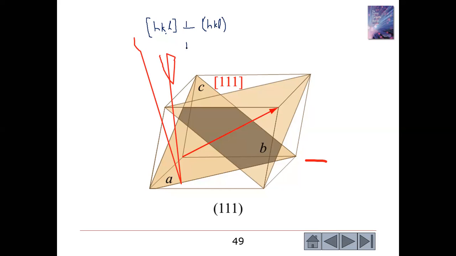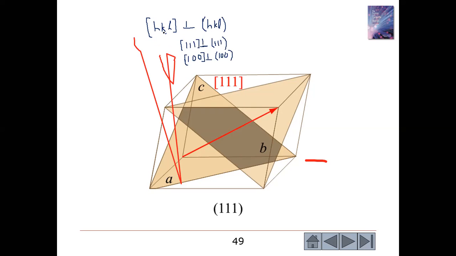So it means that 111 direction will be perpendicular to 111 plane, right? Another example would be 100 direction will be perpendicular to 100 plane, right? And it goes for all of this.